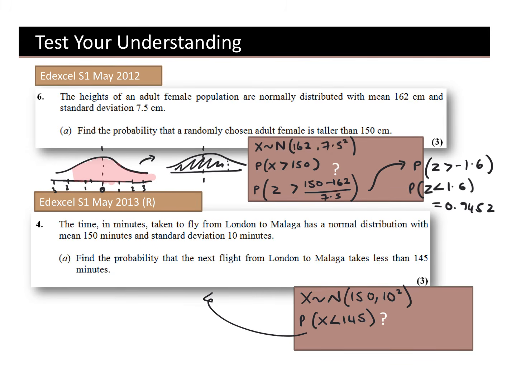I'm going to bring it over here. So the probability of Z being less than our variable minus our mean divided by our standard deviation, which is the probability of Z being less than negative a half? Yeah. Okay, now stop what you're doing.